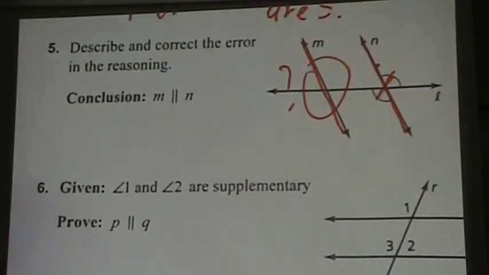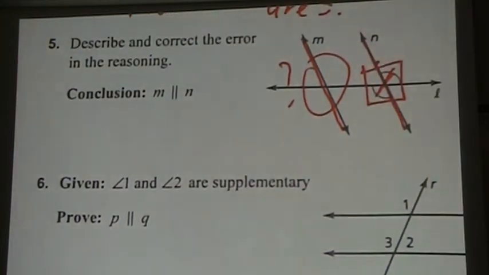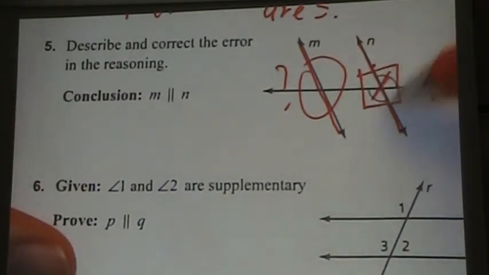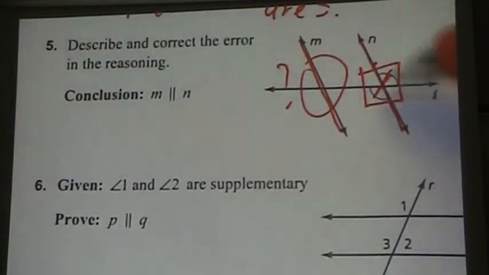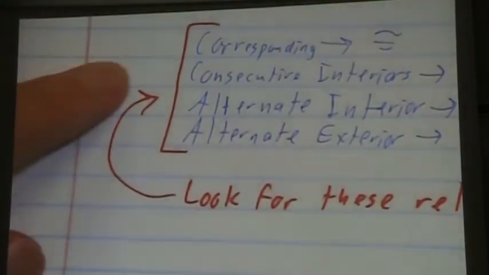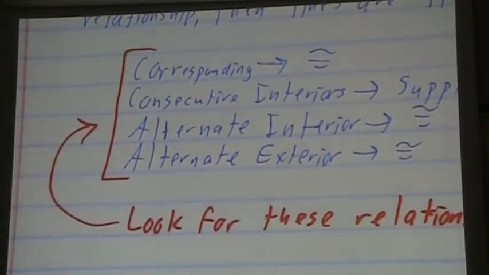Vertical angles just show one intersection. We don't know anything about M. So vertical angles show a relationship between one intersection, but you need to have one of these 4 relationships in order to have parallel lines. So they don't have a parallel line relationship.